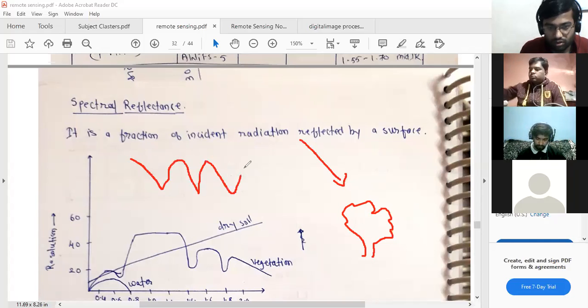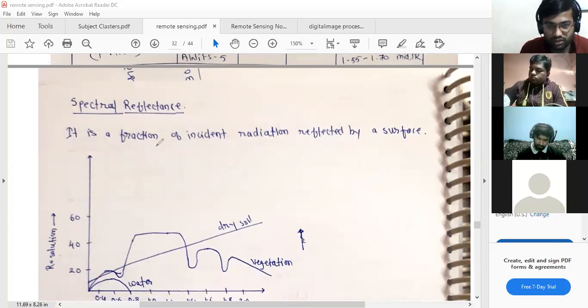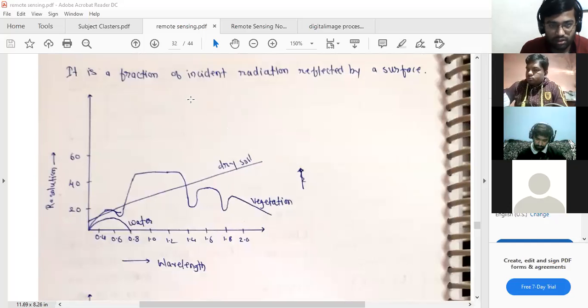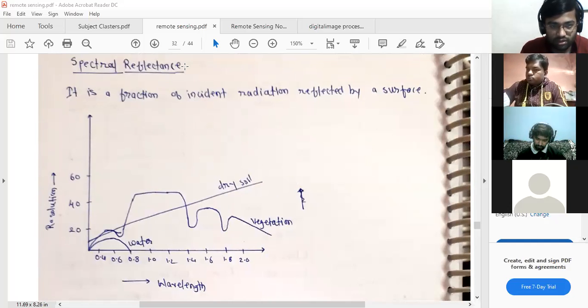Valley peaks. These graphs are called valley peaks. So you can see here is the fraction of incident radiation reflected by the surface of any object. If you observe this graph carefully, we are comparing the spectral reflectance of dry soil.